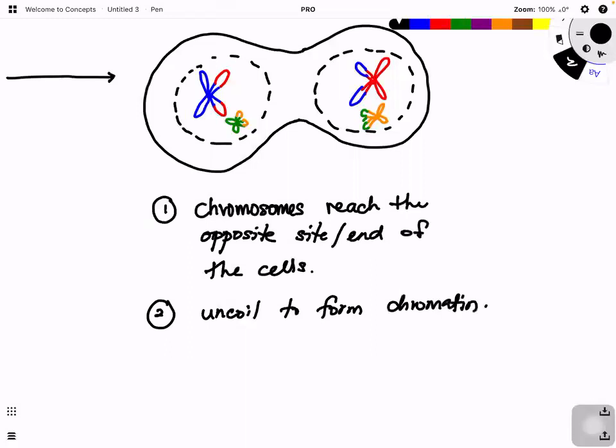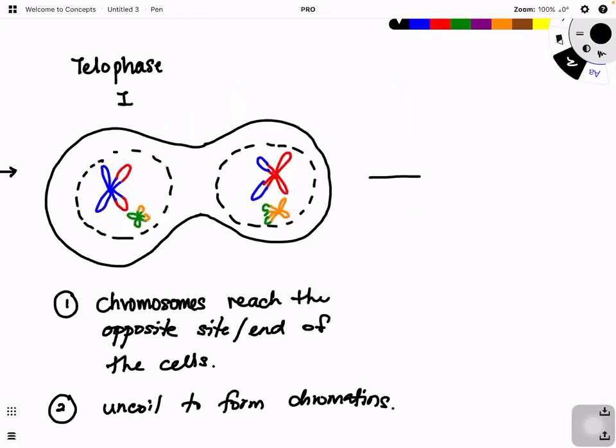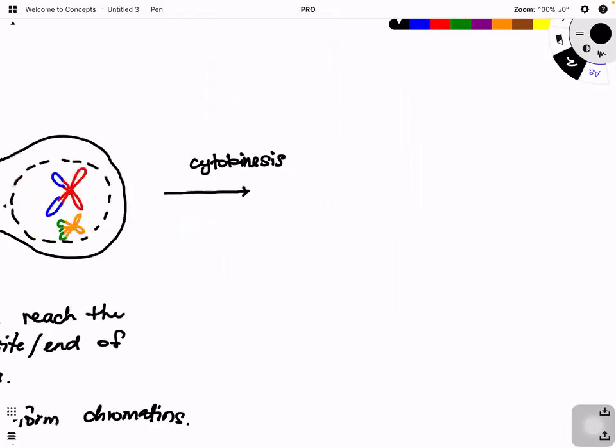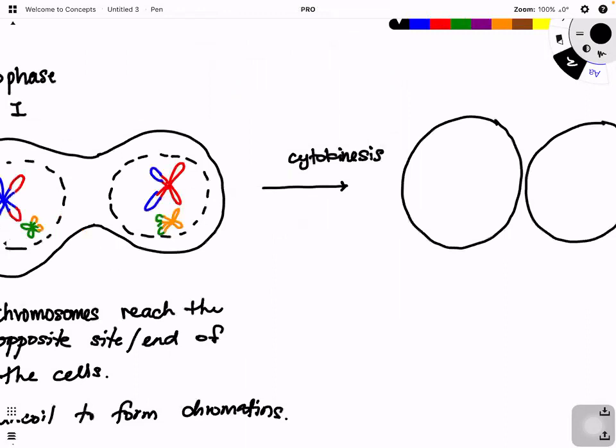Here is the behavior of the cells. So what do you expect to see later? Cytokinesis takes place, and then you'll see that now I form 2 cells. After cytokinesis, 2 cells. Because they are uncoiled already, right?